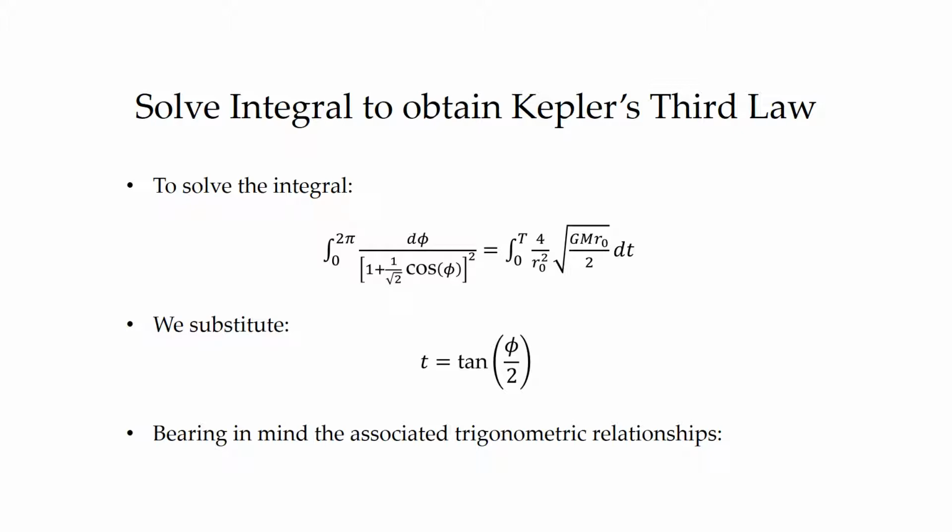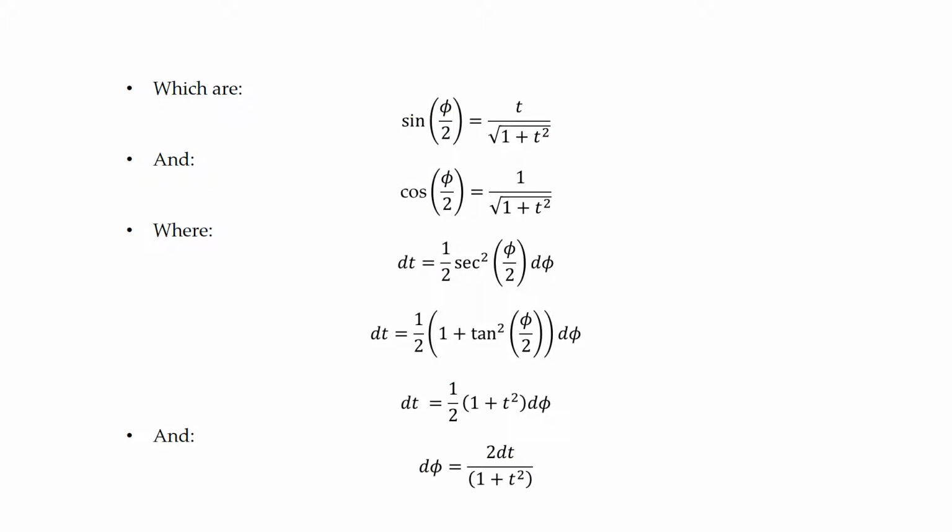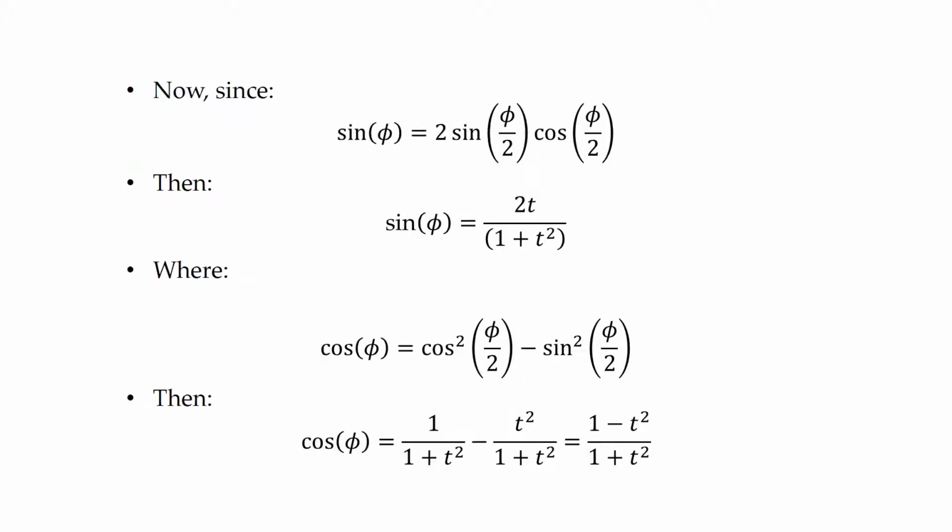From this trigonometric expression, we can also obtain the relationships from forming a right-angled triangle for both sine and cosine, as well as a derivative dt in order to proceed further. I will avoid reciting the following trigonometric expressions that I obtained, but they are fairly standard and we will need these in the next 2 slides.